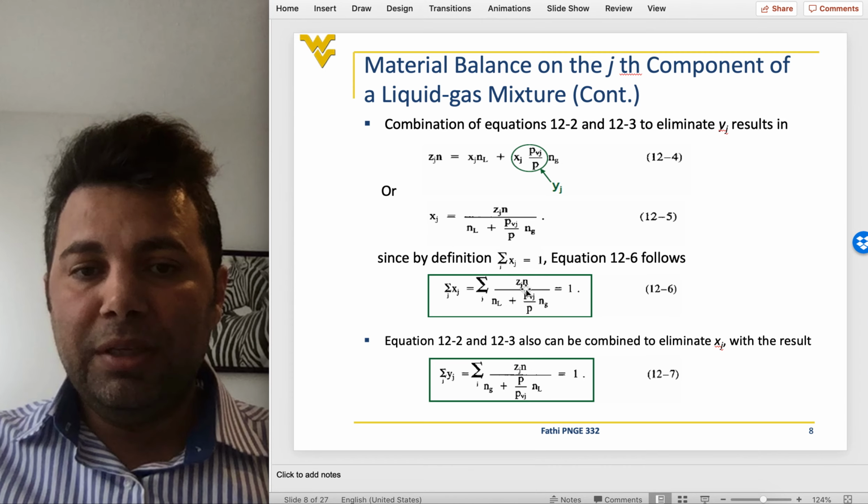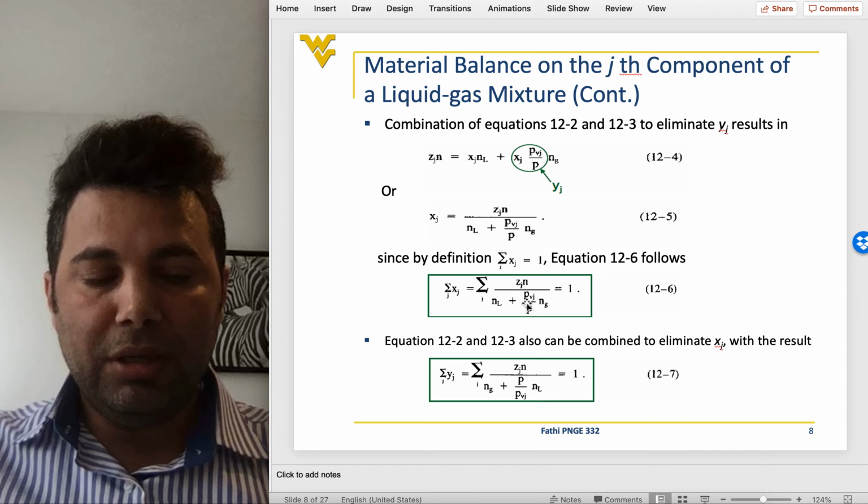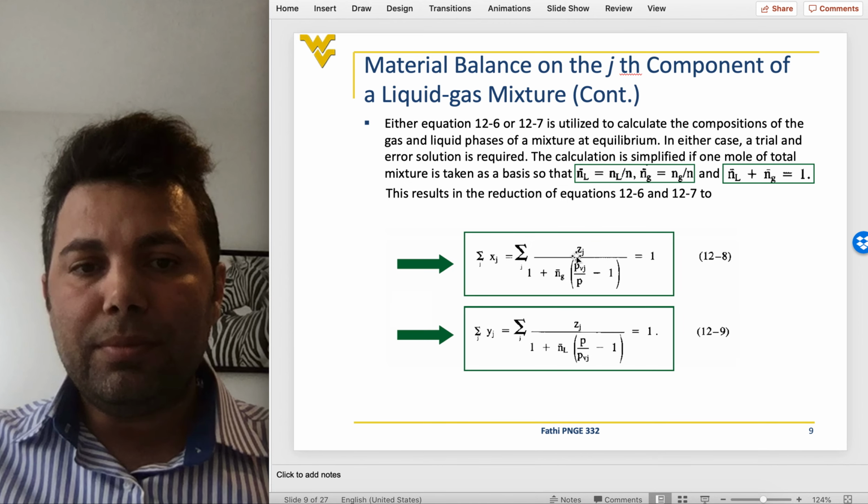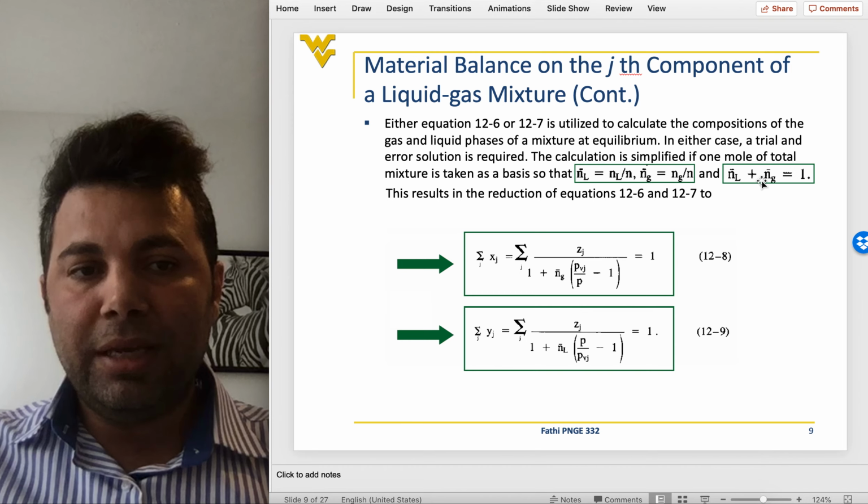In this equation, as I said, I know the actual N is equal to Ng plus NL. So I can normalize this equation by dividing the numerator and denominator by N. If I do that, then I can define NL bar and Ng bar, which are basically NL over N and Ng over N. And then I know that NL bar plus Ng bar becomes equal to 1.